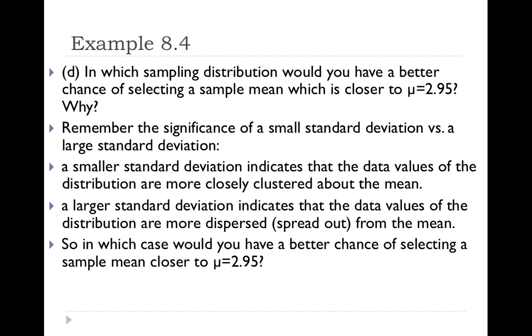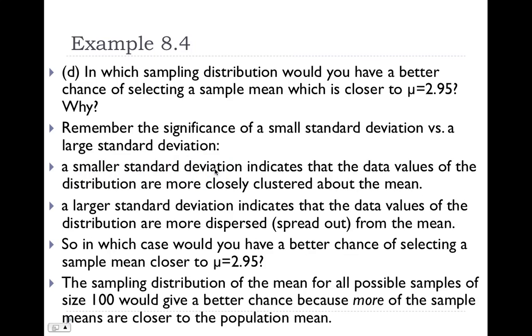It would be the one with the smaller standard deviation, which in this case is a smaller standard error, because more of our data values are clustered about the mean. So a good answer would be the sampling distribution of the mean for all possible samples of size 100, when n is 100, would give us a better chance because more of the sample means are closer to the population mean in this case.